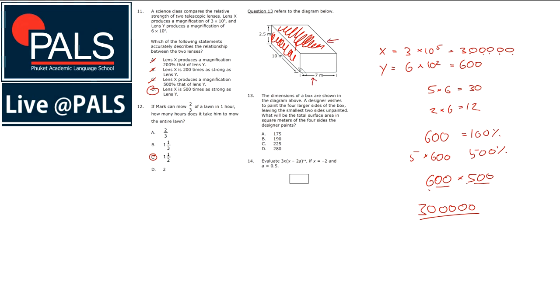So then how do we find surface area? Surface area is length times width. So for the large area, that is 10 times 7, and again we have this side 2 times, and then we add that to the medium-sized area, which is the medium side, which is this one.